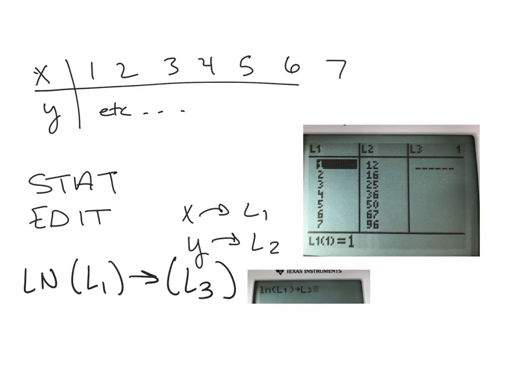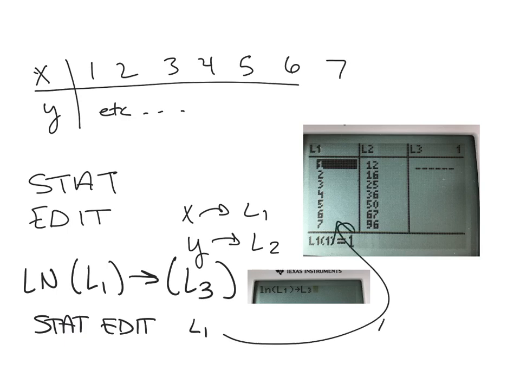Now if you hit the stat button and then edit, you'll see L1 looks like this, L2 looks like this, and then L3 is going to be the log of L1, and I'll have all that data here.